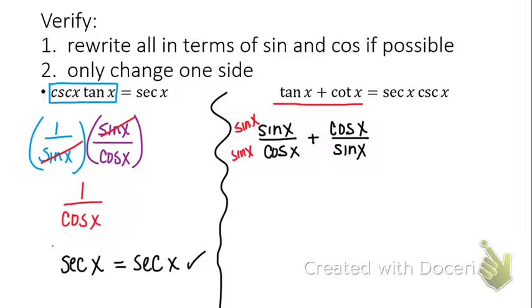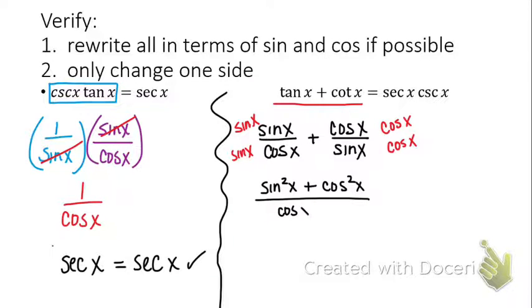And I'm multiplying my second fraction by cosine. So what's that? That's going to give me sine squared plus cosine squared all over cosine sine.